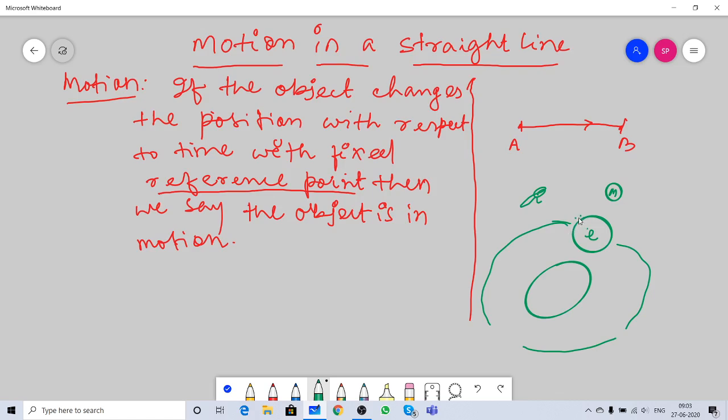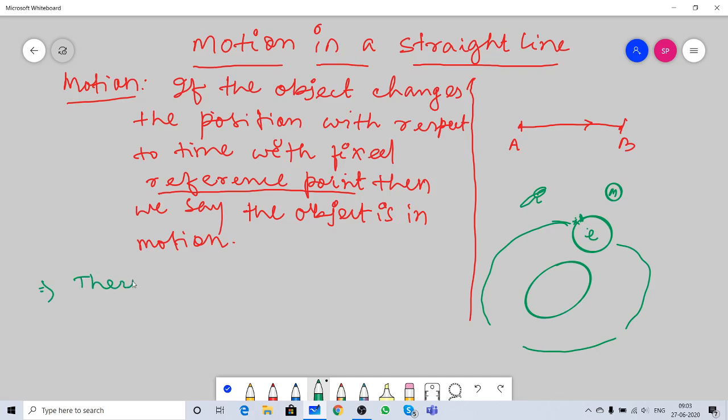But his fellow friends standing on the ground will observe that he is not changing the position with respect to the ground. So if the ground is the reference point, then the person is at rest. That means there is no absolute rest or absolute motion. Motion is relative. This is the important point.